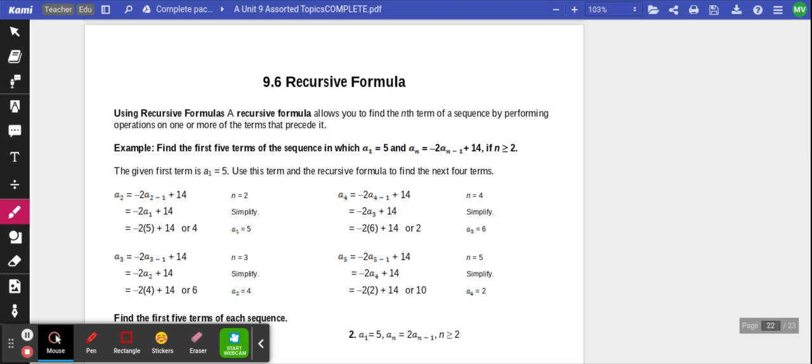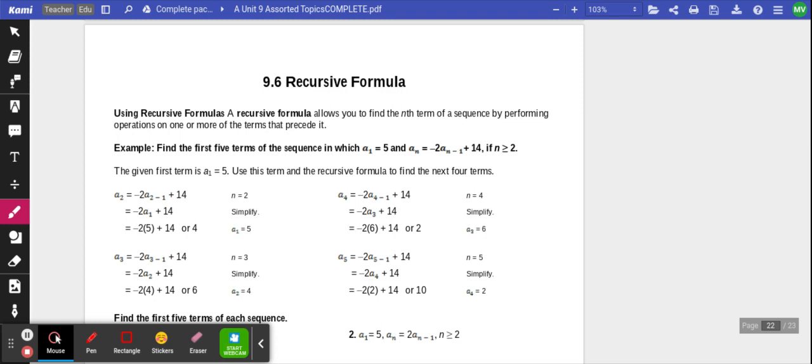So to find the first 5 terms in the sequence in which a sub 1 equals 5, and a sub n equals -2 times a sub n minus 1 plus 14 if n is greater than or equal to 2. The given formula tells me a sub 1 equals 5, so the first term is 5.